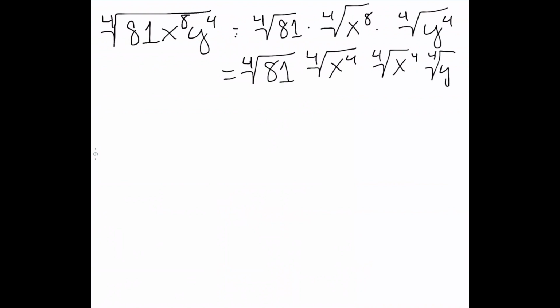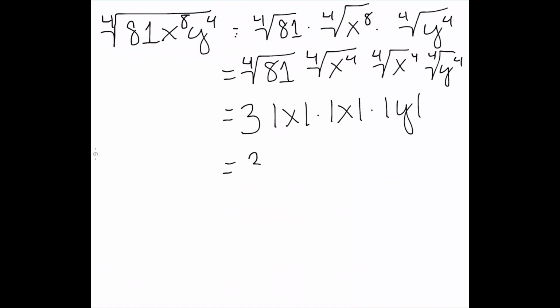So that gives me this. The fourth root of 81 is 3. Since 4 is even, the fourth root of x to the 4th is the absolute value of x times the absolute value of x. The fourth root of y to the 4th is the absolute value of y. So I have 3 times the absolute value of x squared y.